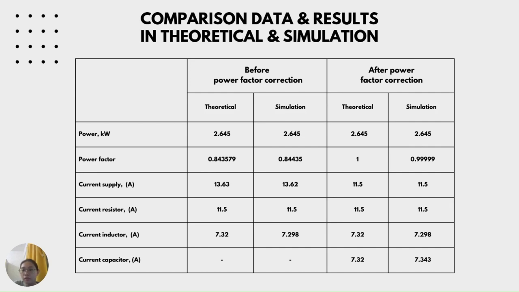The value of current through the inductor is 7.32 amperes in theory and 7.298 amperes in simulation. Lastly, for the current across the capacitor, the theoretical value is 7.32 amperes and the simulation value is 7.343 amperes.